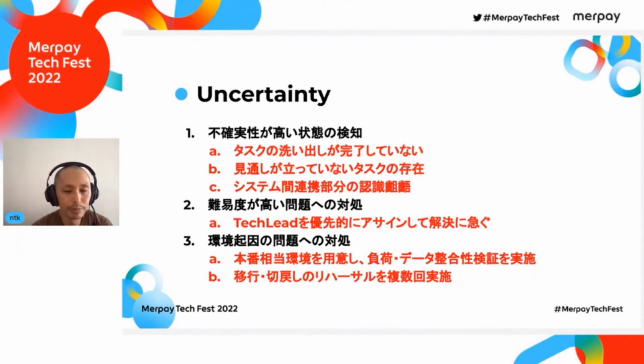Highly difficult problems: we also had a team's tech lead assist us in this area, and when a difficult problem was discovered in each system, the tech lead was immediately assigned as a priority to help us find a way to resolve the problem. In particular, midway through the project, two tech leads were assigned so that the tech leads could cooperate with each other to deal with any problems that might occur simultaneously in a wide range of systems.